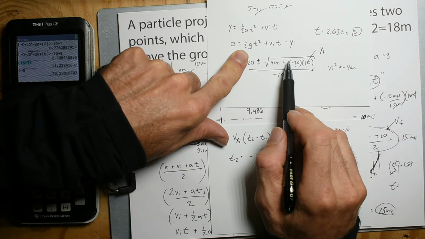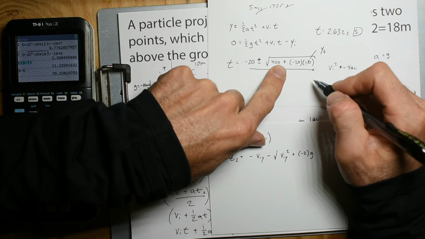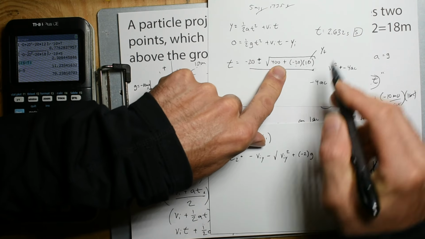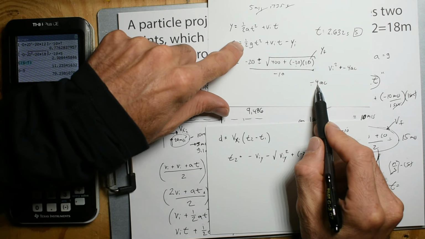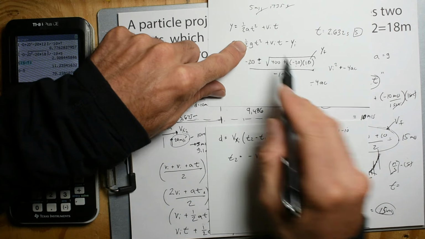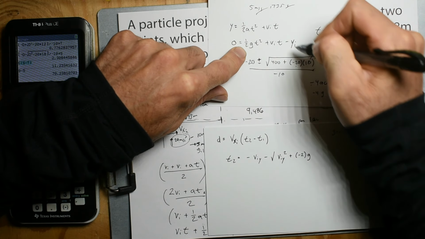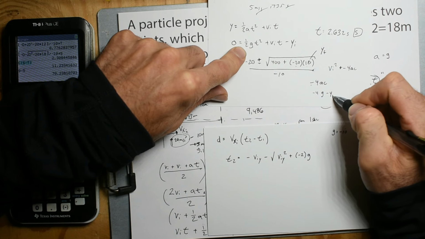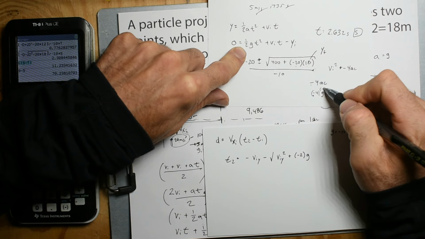Oh, yeah, this is the minus 4ac, I always mess up. Don't forget the negative sign. The 4 is positive. The a is going to be g, so you get negative 4g. The c term is going to be negative y initial, so you're going to have negative, negative, and then a negative 10.